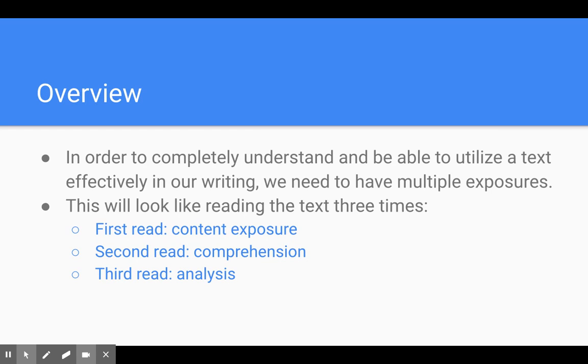We aren't taking the time to apply it to the topic we're studying, to gather evidence, and to use that evidence in relation to the question or the topic we're studying. We transfer it to our writing and produce something. So the first read is for content exposure, second read is comprehension, and the third read is analysis.